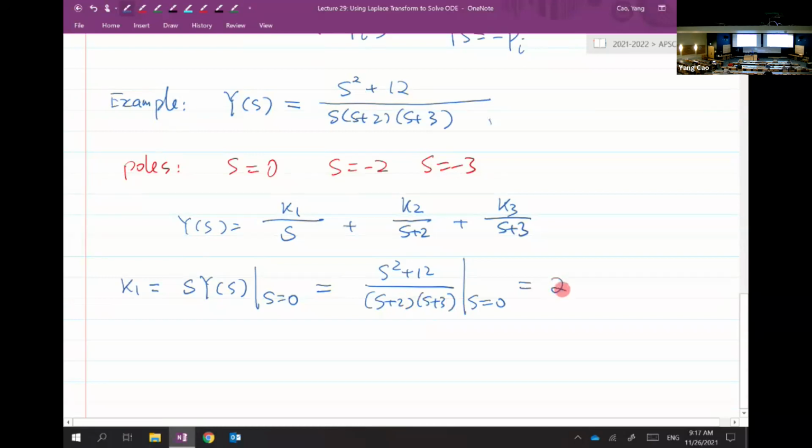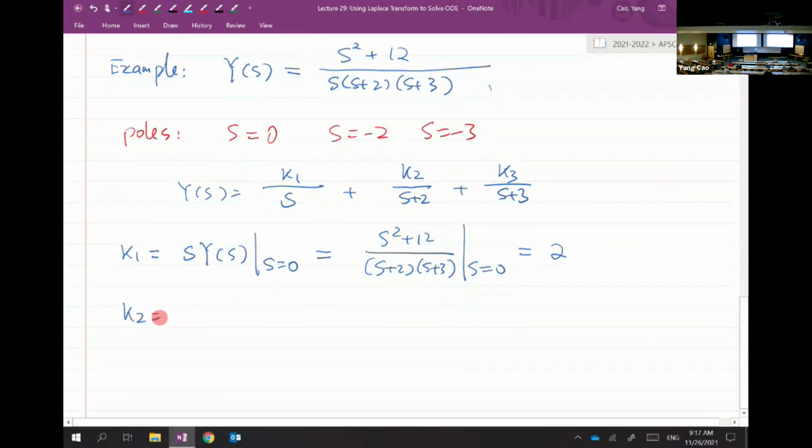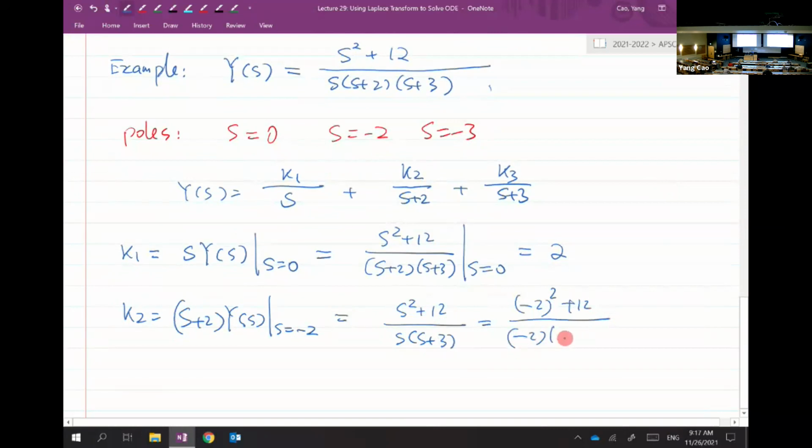Similarly for k2, multiply by (s plus 2) first, and then s equals -2. That gives you (s squared plus 12) over (s plus 3). So (-2 squared plus 12) over (-2 plus 3).